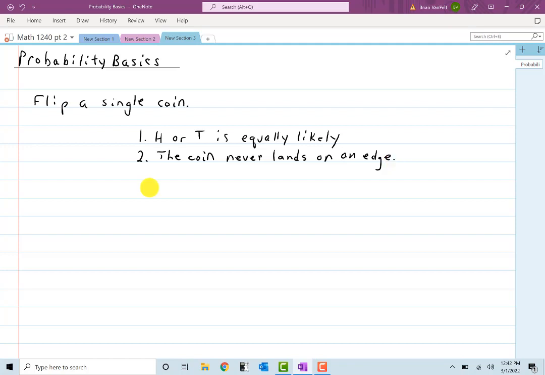The chances of getting a heads or a tails is equally likely. So we know that if you flip a coin once, you will get either heads or tails, and that's it.